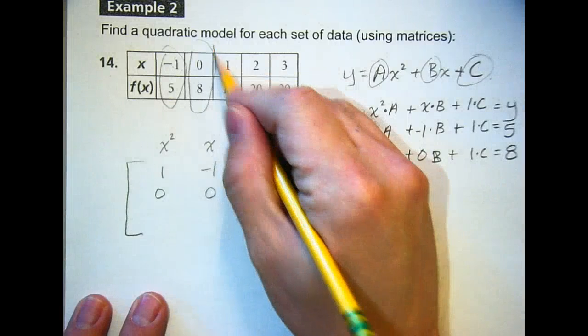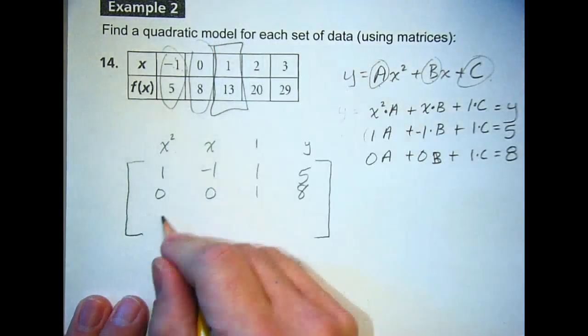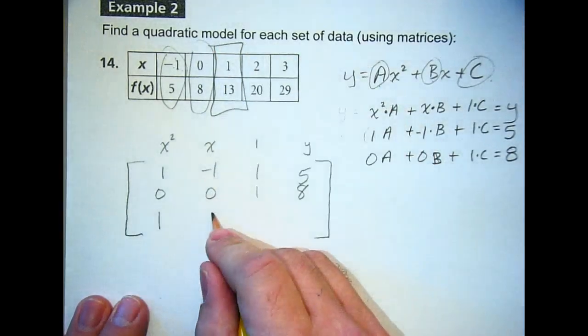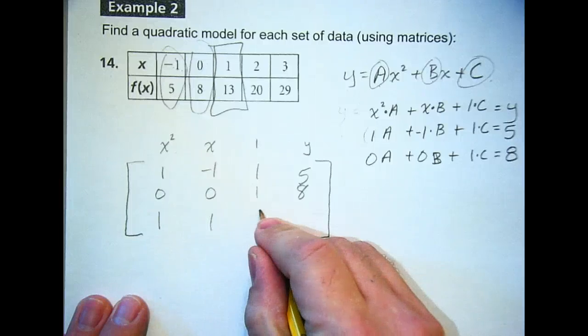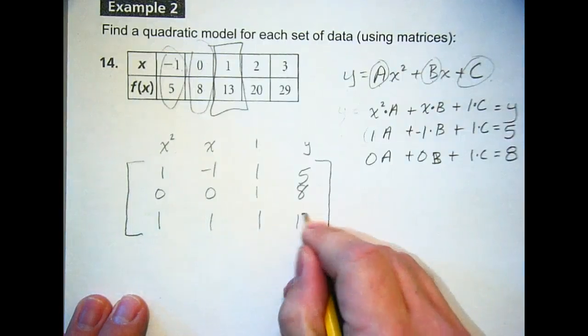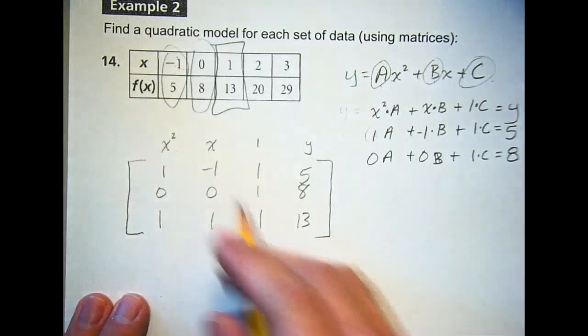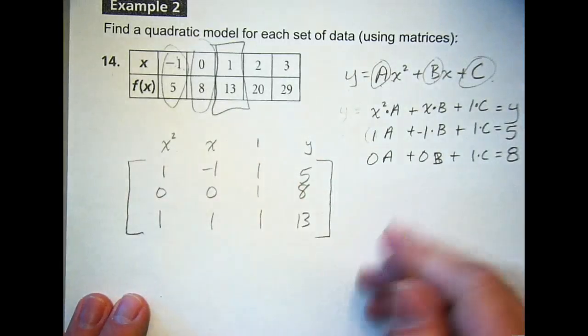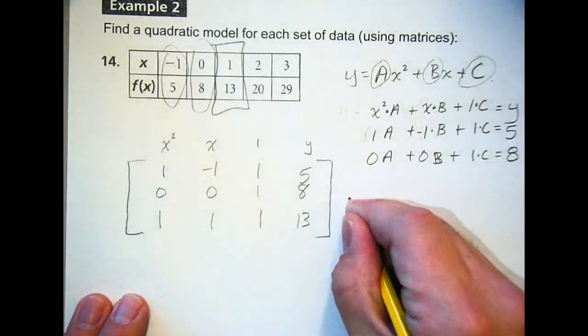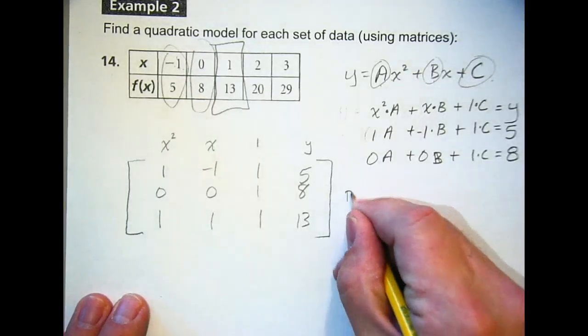Okay, so if I use this point, what's x squared? 1. What's x? 1. What's this? 1. What's this? 13. Everyone with me? Now, once I have my 3 equations, I can actually use what? Yeah, reduced row echelon form.